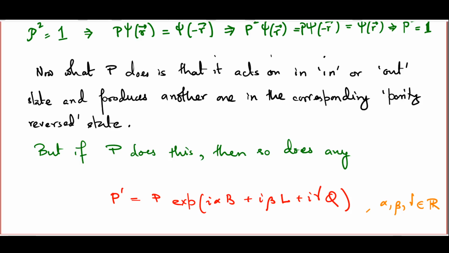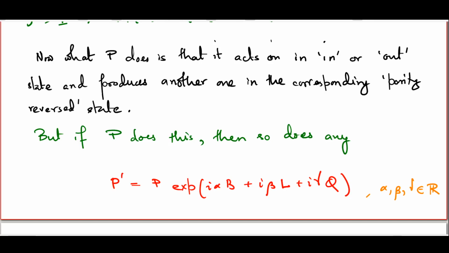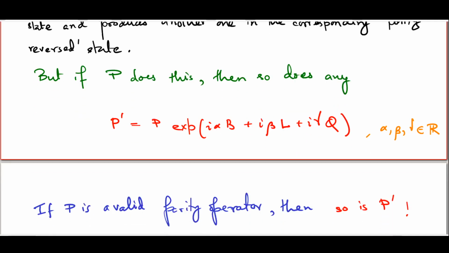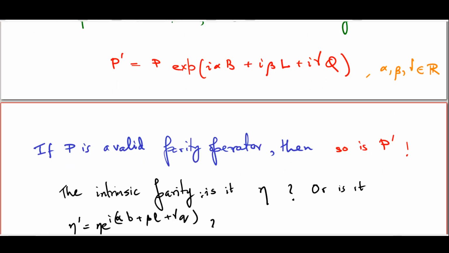Now what is important is the following. Since P prime and P do the same thing to the particle labels, we could just as well have used P prime as our parity operator rather than the operator capital P itself. And therefore, P and P prime are equally valid as parity operators.